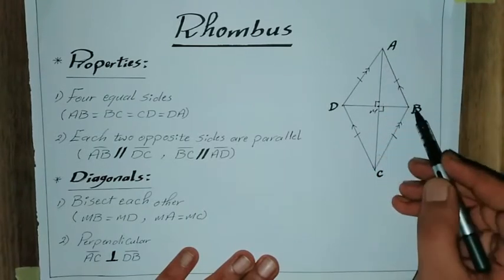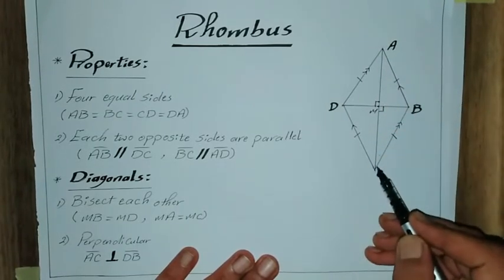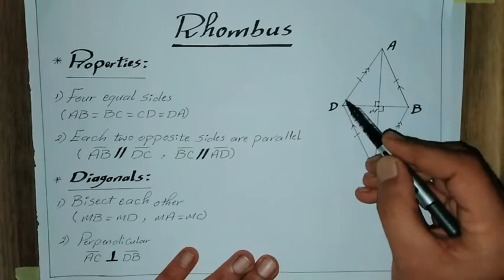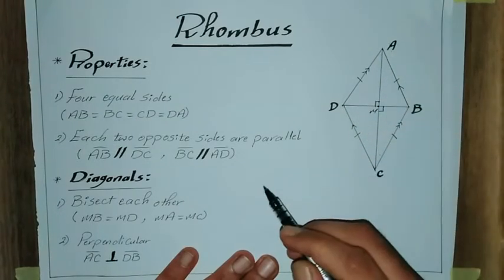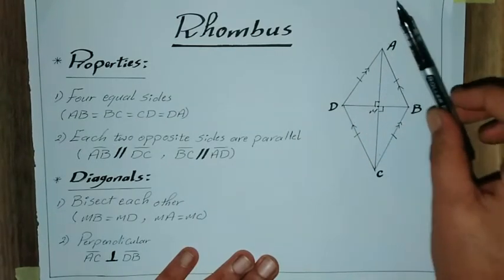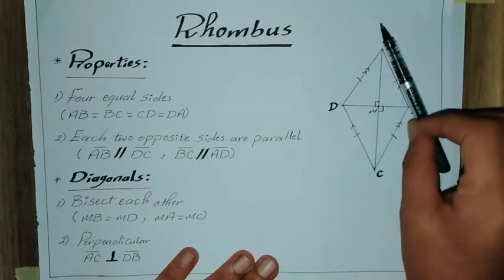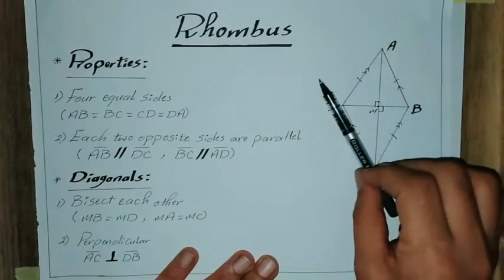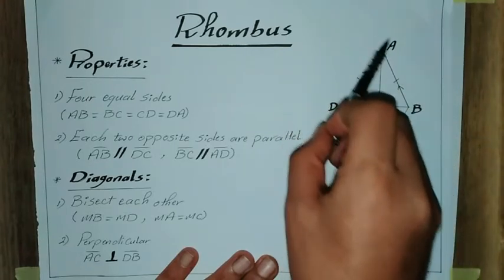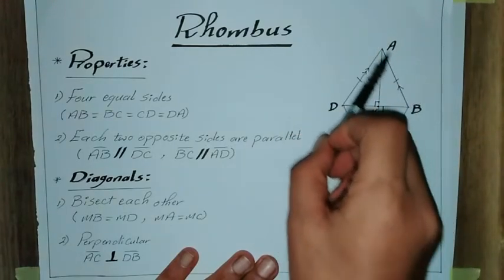AB is equal to BC, is equal to CD, is equal to DA. And each two opposite sides are parallel.